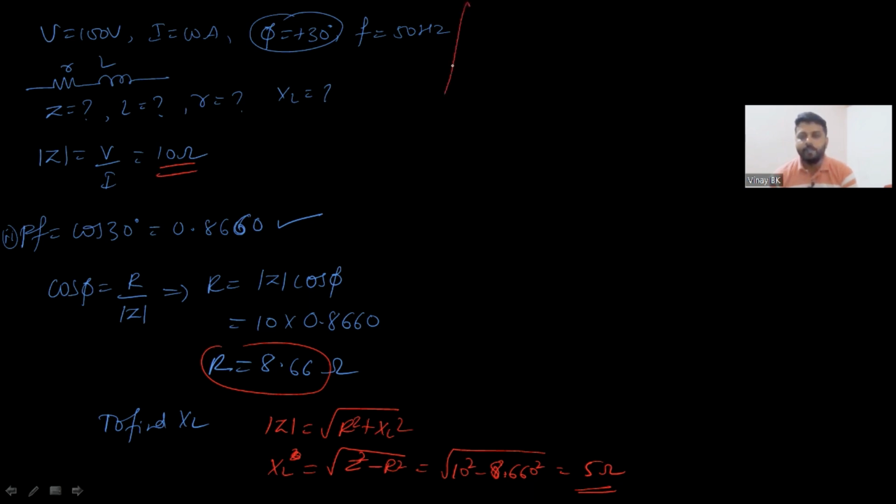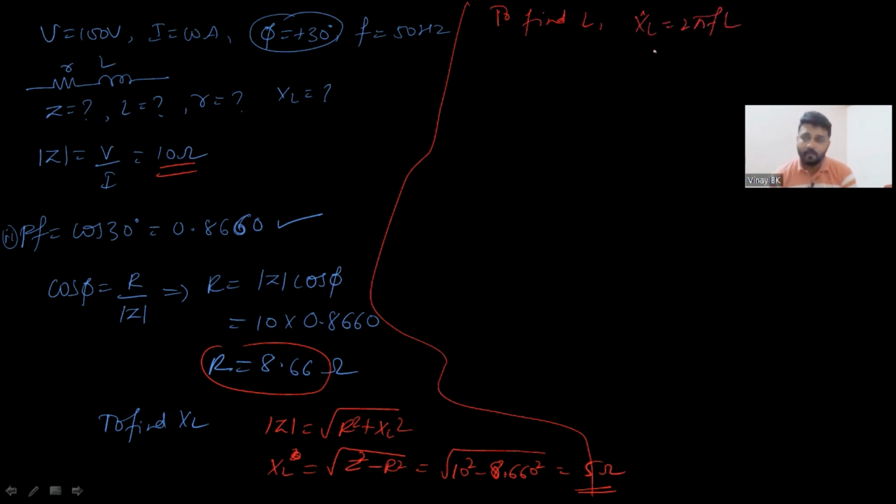Next you need to find L. To find L, you know XL is given by 2 pi f into L. So L equals XL divided by 2 pi f, whereas XL is 5, divided by 2 pi into 50.